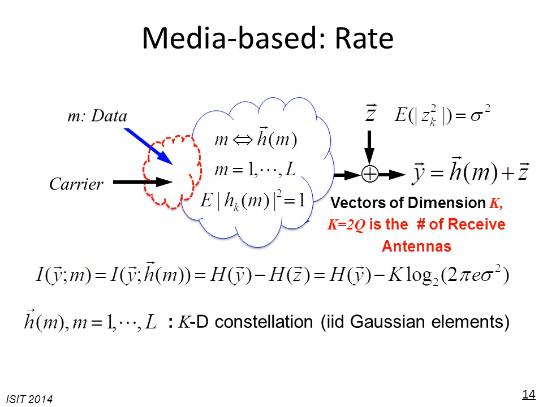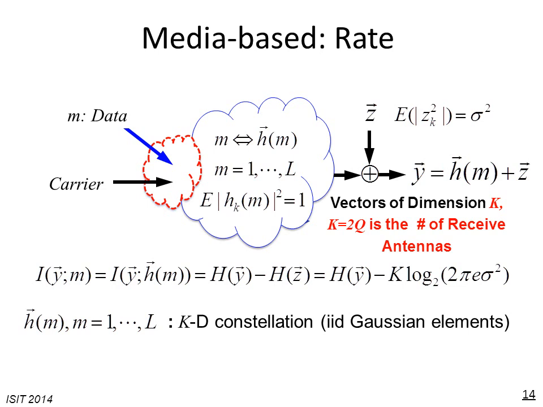The net effect is that the information, which is shown by the parameter m, is uniquely and one-to-one mapped to a channel state, which is shown by the vector h_m. This is the vector of IID Gaussian components that I will receive over the receive antennas.